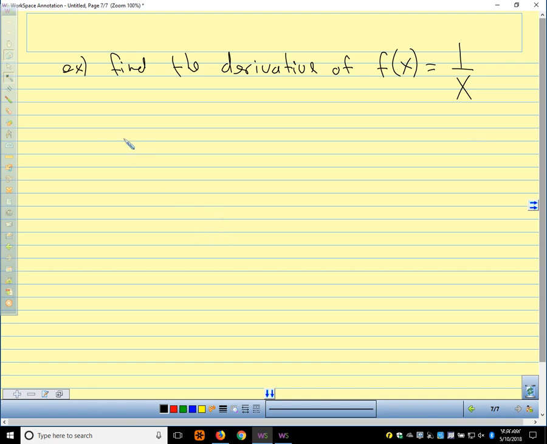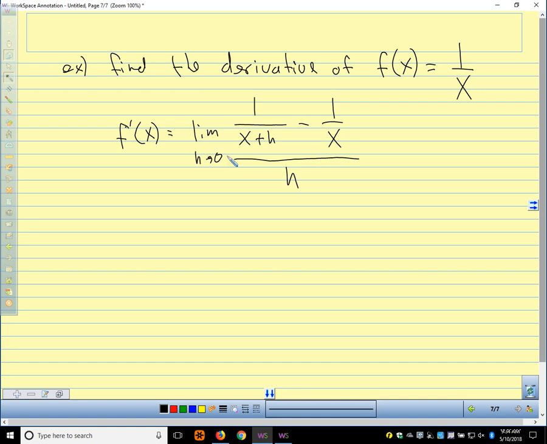So we want the limit. Instead of m, I'm going to say f prime of x equals the limit as h approaches 0 of f of x plus h, 1 over x plus h, minus f of x, minus 1 over x, all over h.